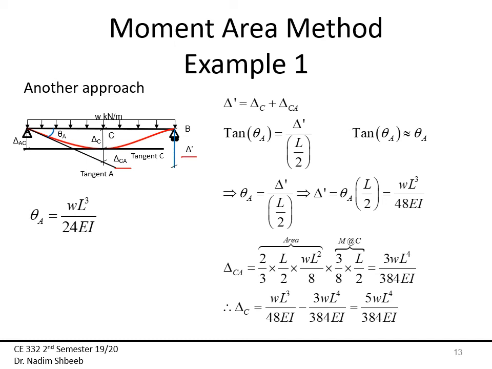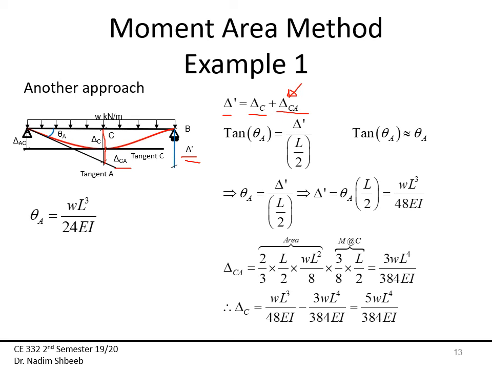So now this right here, delta prime, which is this whole thing, is equal to delta C, which I want, plus delta CA. Now this I can calculate because this is simply the moment about point C of the area under the diagram between points A and C. Delta C is required.